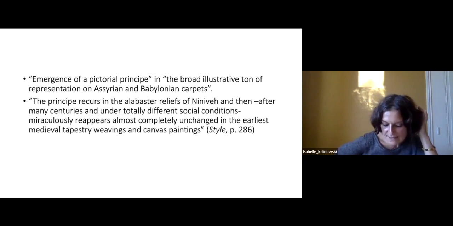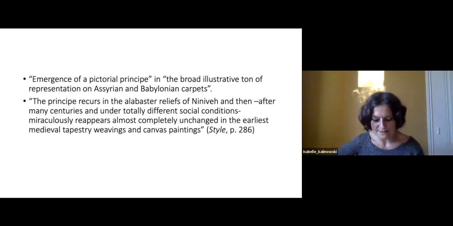I quote, "This principle recurs in the alabaster reliefs of Nineveh, and then, after many centuries and under totally different social conditions, miraculously reappears almost completely unchanged in the earliest medieval tapestry, weavings, and canvas paintings."